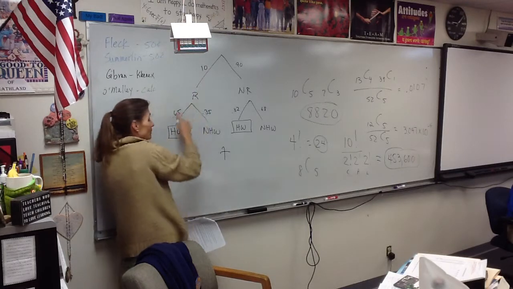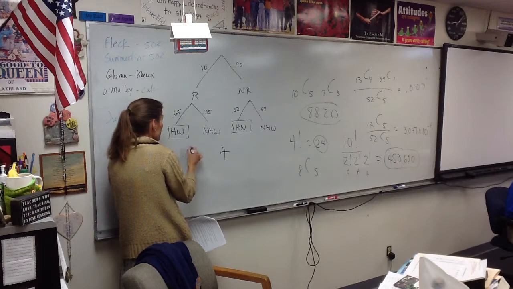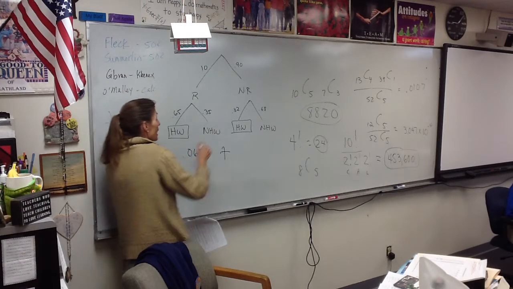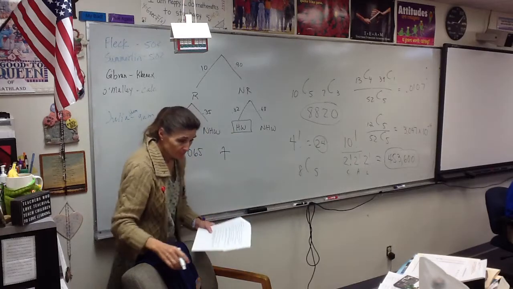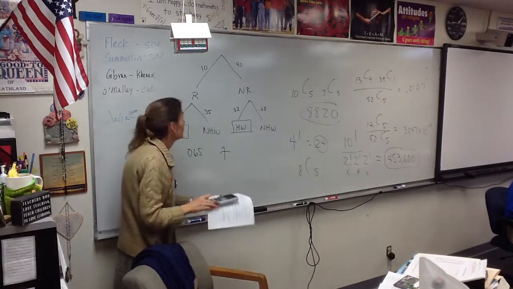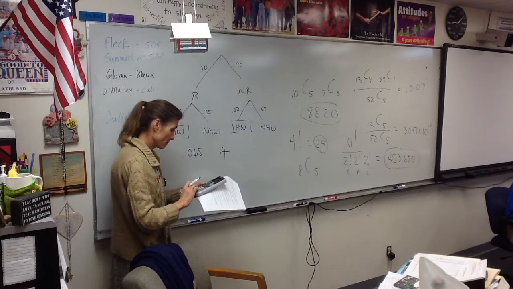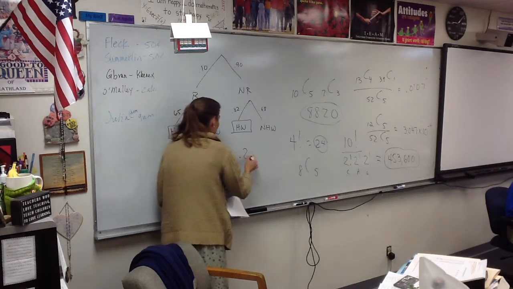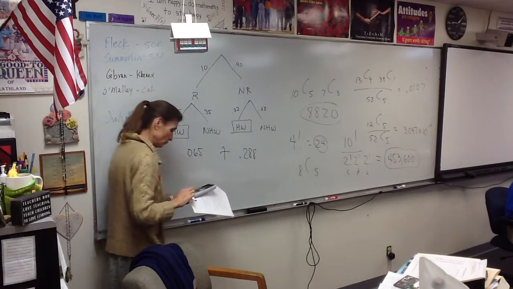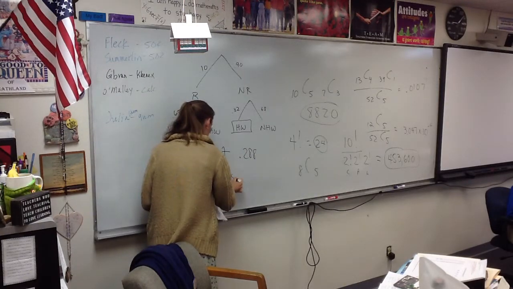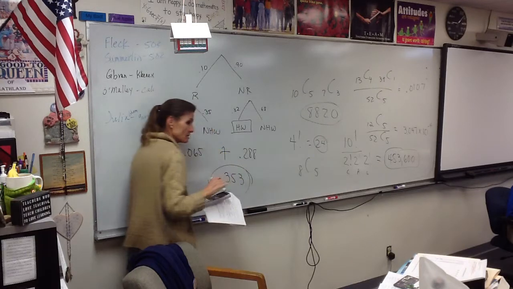Multiply. So that would be 0.065. How do I do this one? Multiply. Can't do that in my head. I should be able to, but. There's my answer.